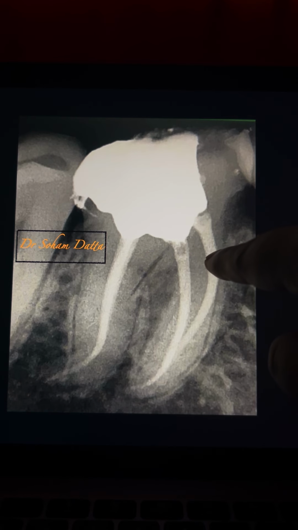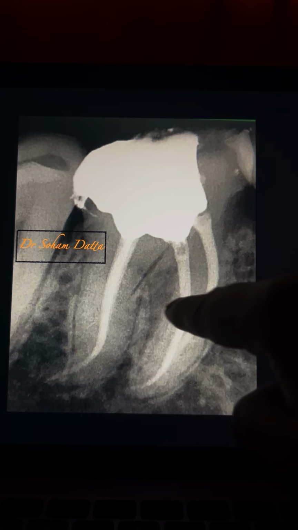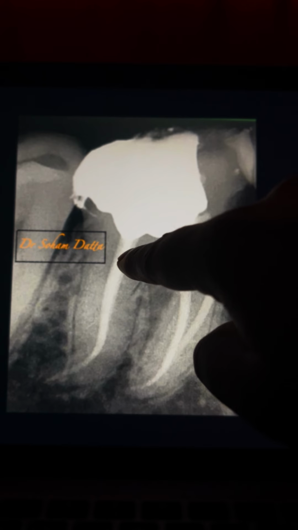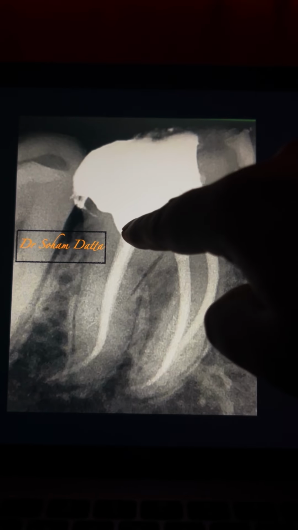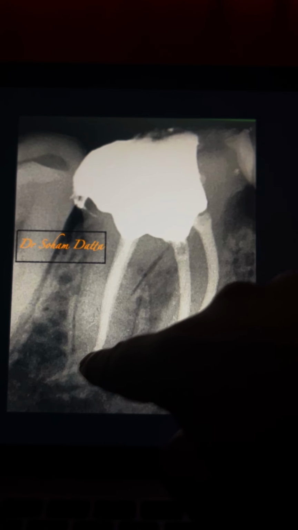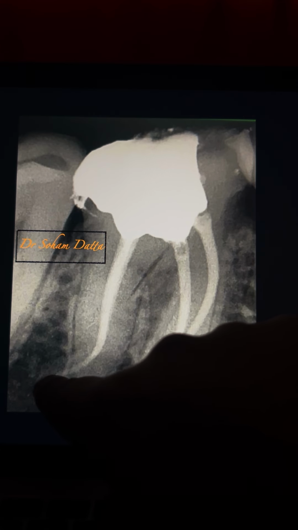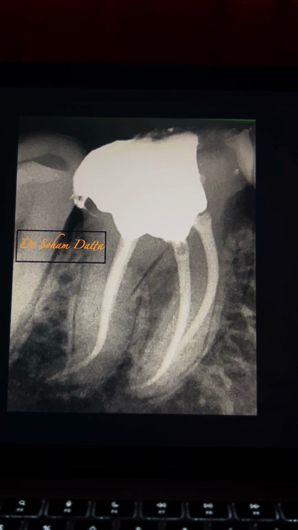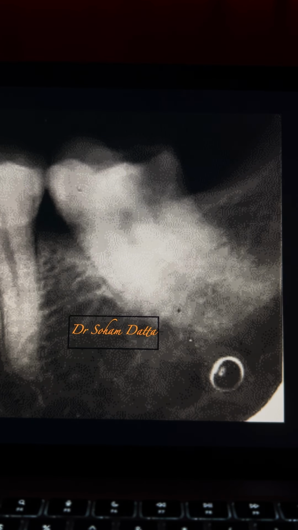This is 34, this is also 3004, and here also 3004 GP. Up to this point, 2 GPs are there. From there to here, the single full length GP reaches till the apex. You can see the beautiful obturation in this picture, and this one is the second case.